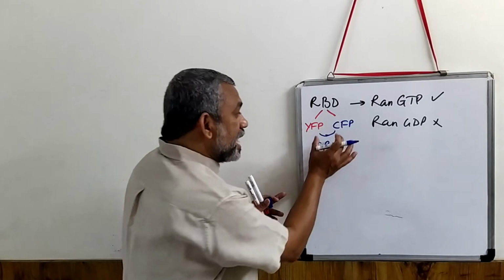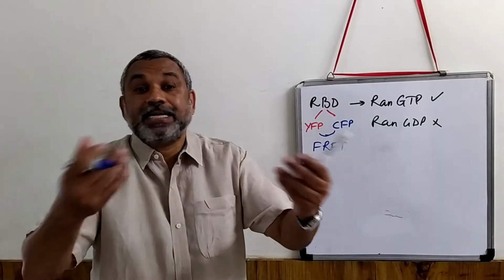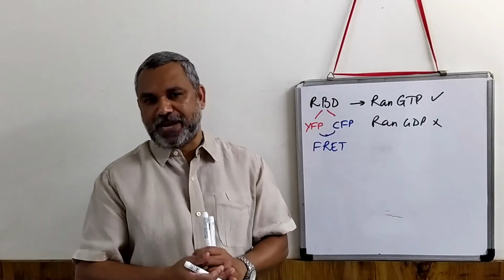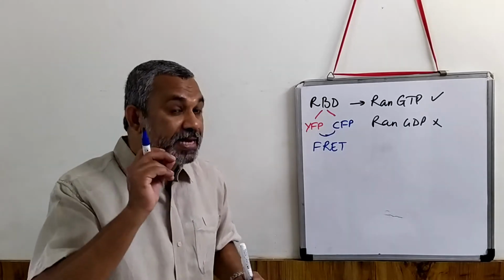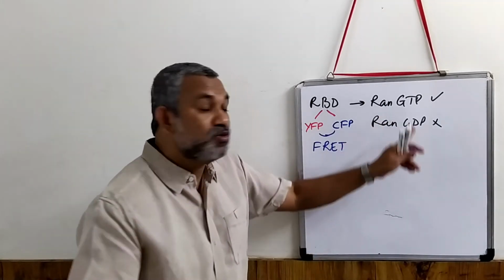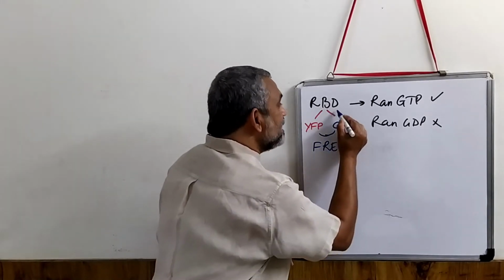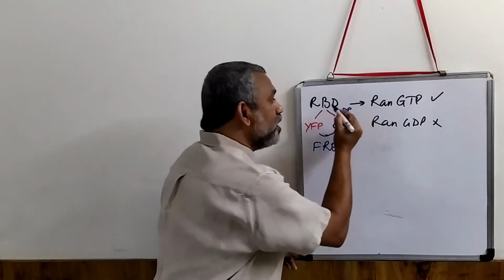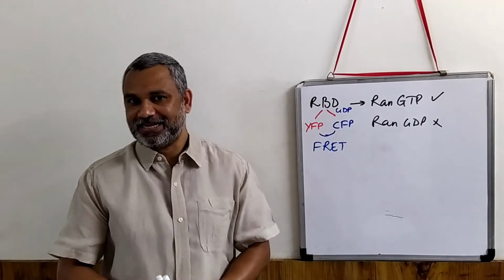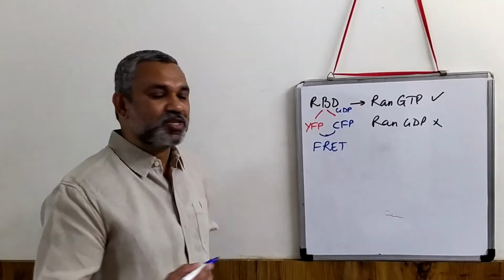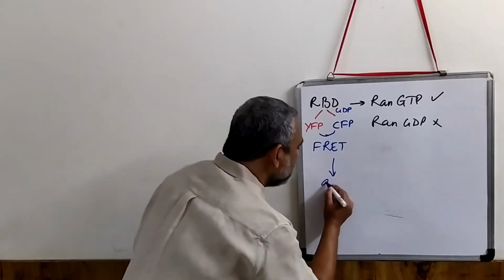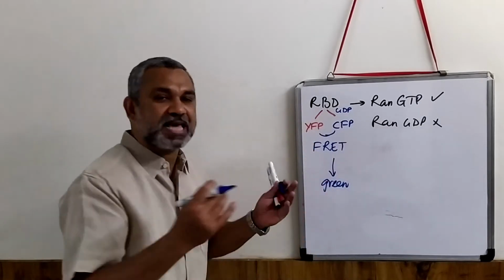That energy transfer can be detected in a fluorescent microscope. When will that happen? When there is no GTP, which means it is bound only to a GDP molecule. These two colors will give a kind of green fluorescence when they combine together.